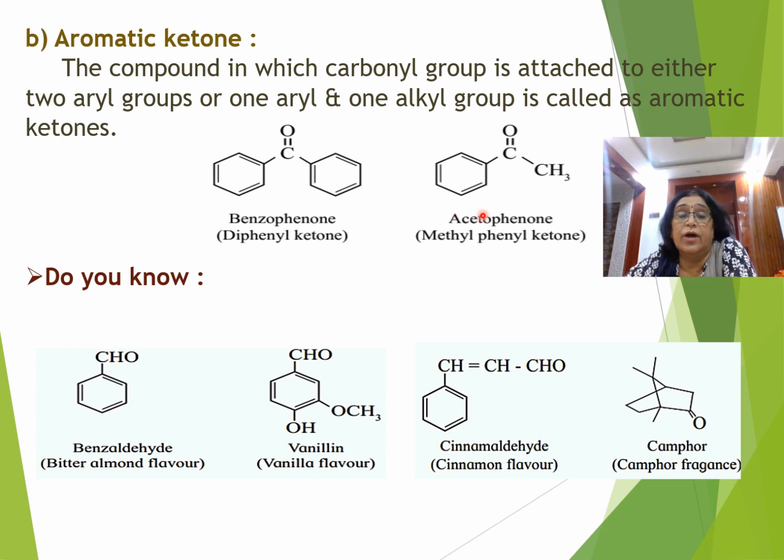So this is also an aromatic ketone. A compound in which the carbonyl group is attached to either two aryl groups or one aryl and one alkyl group is called an aromatic ketone. So we saw two examples: diphenyl ketone, also known as benzophenone, and methyl phenyl ketone, also known as acetophenone.